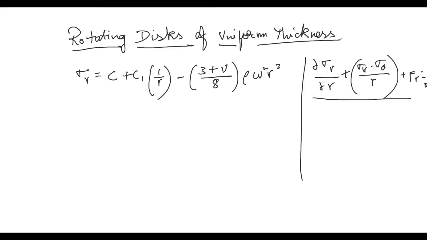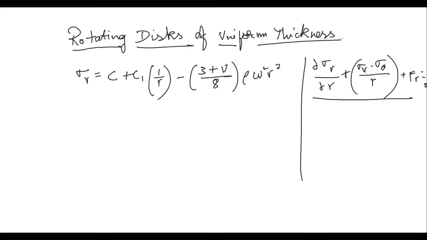So this is the general equation, and in it fr is the centrifugal force. The force that is acting away from the particular rotating disk is called the centrifugal force. That force is nothing but rho into omega square into r.